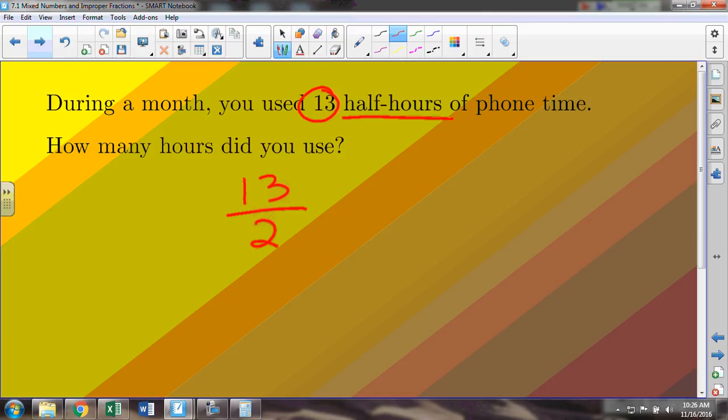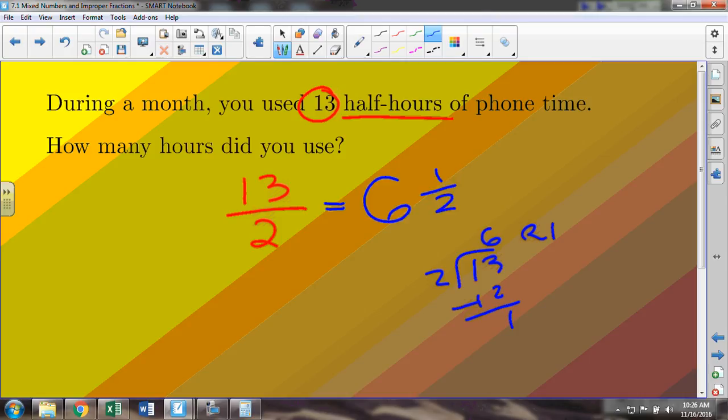So all we're doing is converting this into a mixed number. What's 13 divided by 2? 2 will fit in 6 times, giving us a remainder of 1. So 6, remainder of 1. We're done. Use 6.5 hours of phone time.